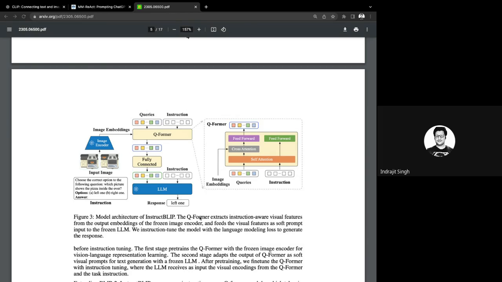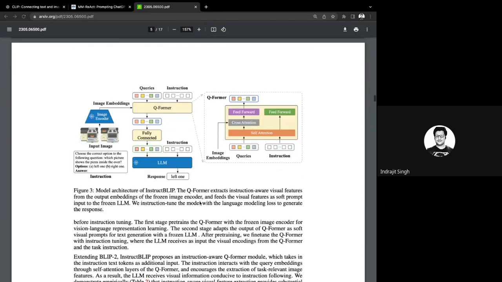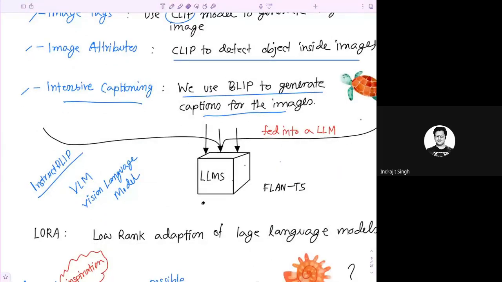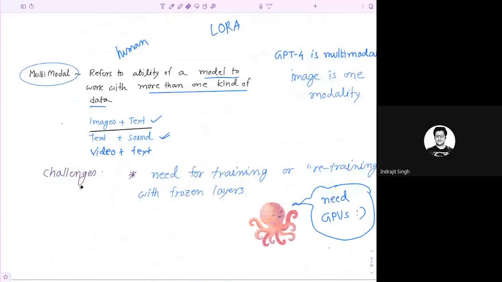So the Q-Former is basically the one that extracts instruction-aware visual features from the output embedding of the frozen image encoder. Now here is one thing that I didn't talk about: when you feed into these models, we want to do this image plus text.